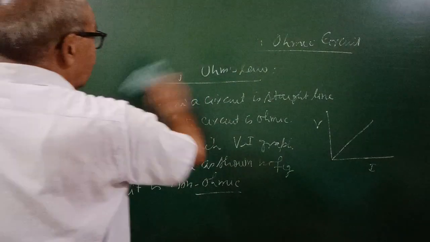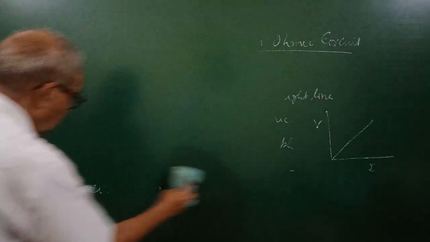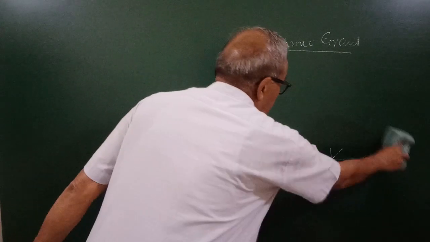So now you may ask, which are those circuits in which the graph is not a straight line? Although Ohm's law is valid for a wide range, it has limitations. So what are the limitations?